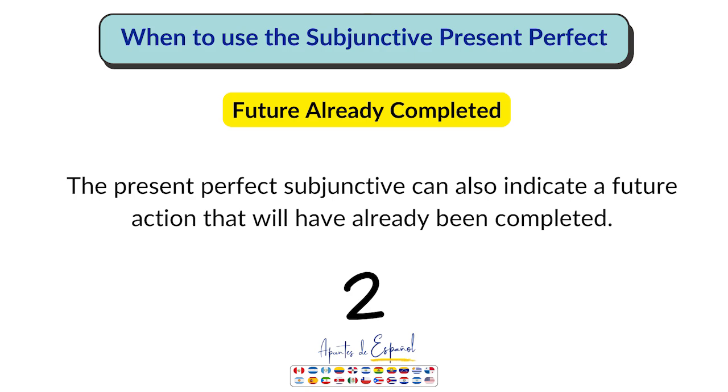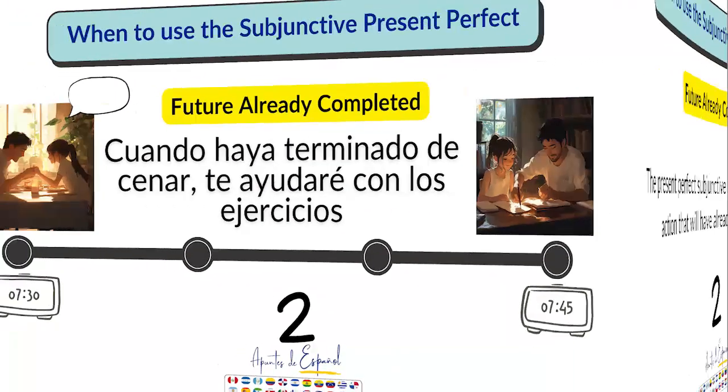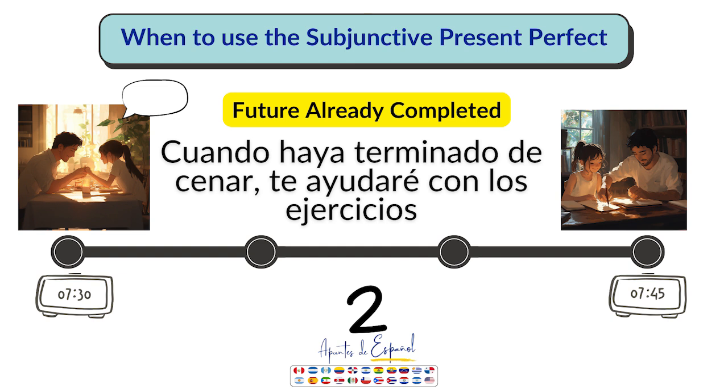The second usage of the present perfect subjunctive is to talk about a future that has already been completed. For instance, in this example: cuando haya terminado de cenar, te ayudaré con los ejercicios. With cuando, we set the stage for a future moment or future timeline in which we have done something.